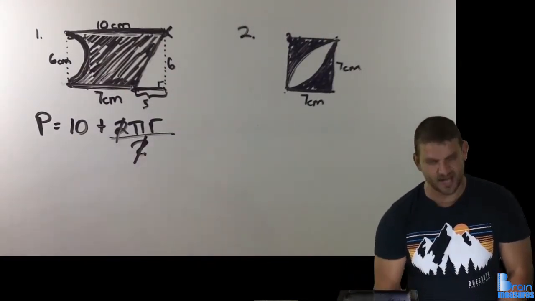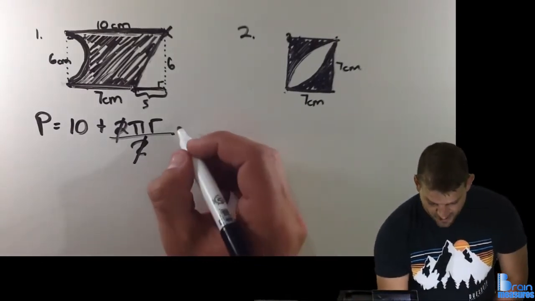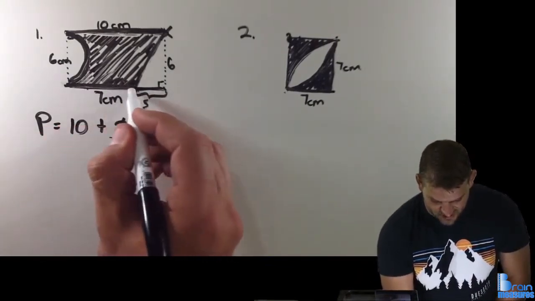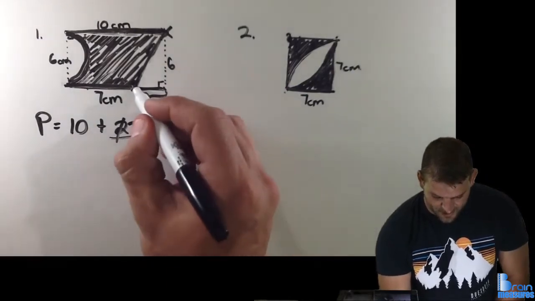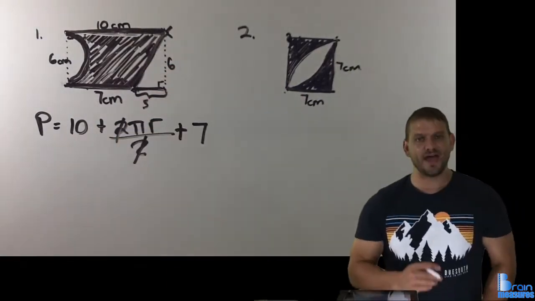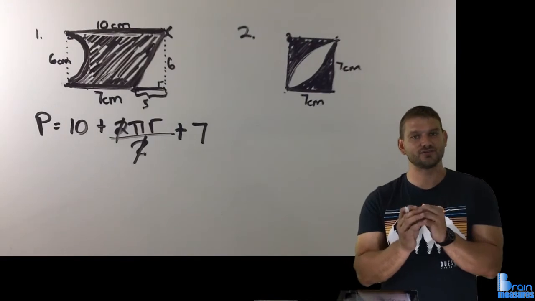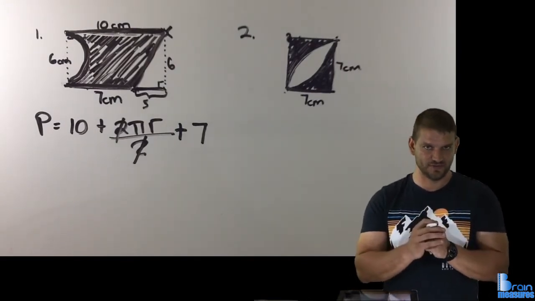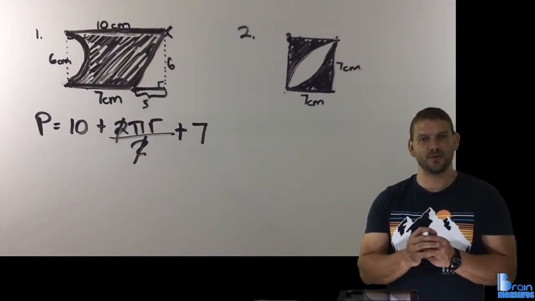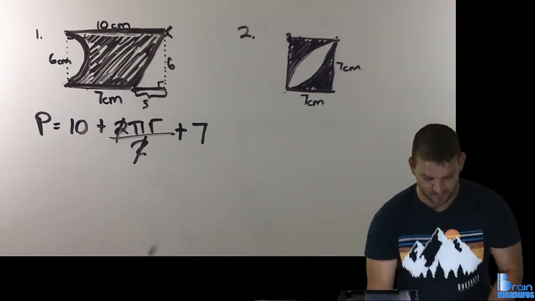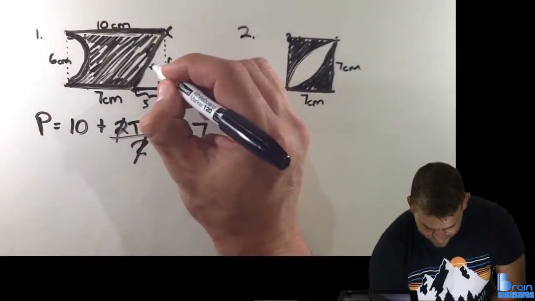Oh, and look there, the 2's cancelled. So it's just pi r. Plus, remember we're adding 7, plus then, oh, that hypotenuse of the triangle. So we need to calculate that hypotenuse first. So how do we calculate that hypotenuse? Let's call it h, for hypotenuse.